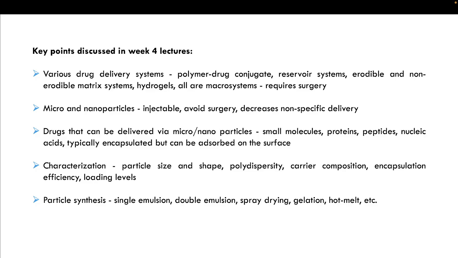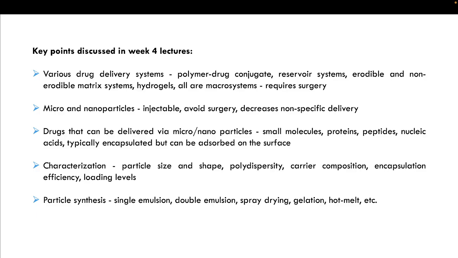What you do in a spray dryer is you mix your drug with polymer, and you spray it through a very tiny nozzle at a very high pressure. When the liquid comes out of this nozzle, it will already make particles, and then there's a very huge drying chamber where your particles will get dried.